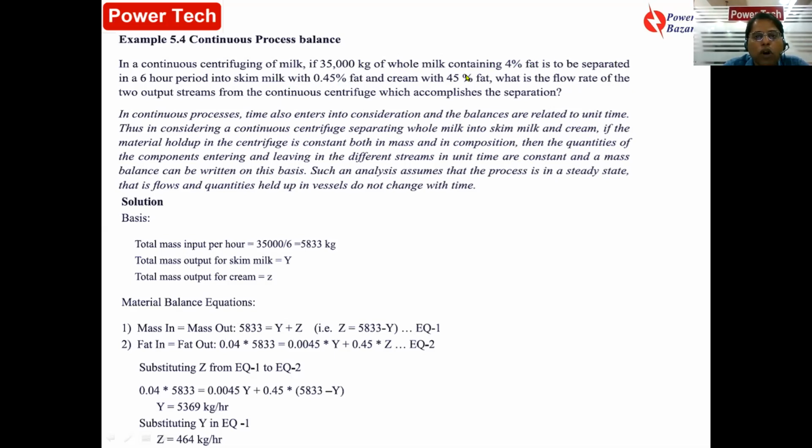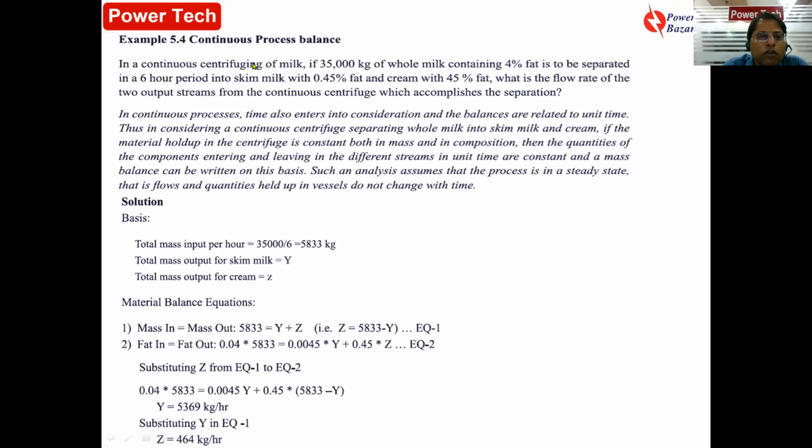Cream has high fat, 45%. It has been asked, what is the flow rate of the two output streams from the continuous centrifuge which accomplishes the separation? So this is basically a separation process in which the whole milk is separated into skim milk and cream.